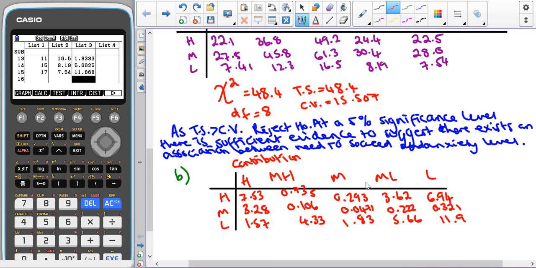That also means that if we added these contributions together, we would end up with our chi-squared value. So if you end up with massive numbers for your contributions, but your chi-squared is only 48.4, then something has gone wrong, because these numbers will add up to roughly 48.4. Obviously not exactly because of some rounding, but they should add up to about 48.4, and you can test that yourself if you want to.